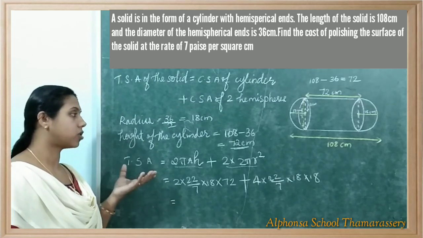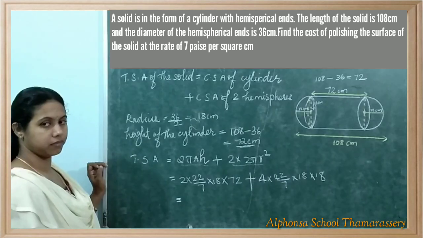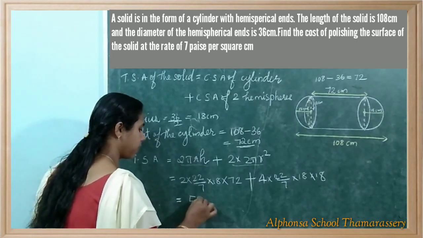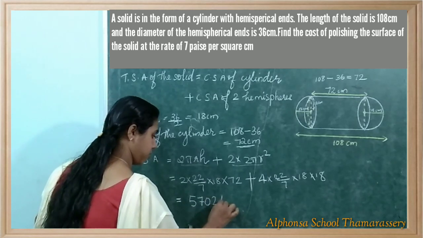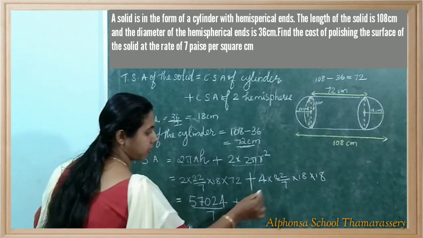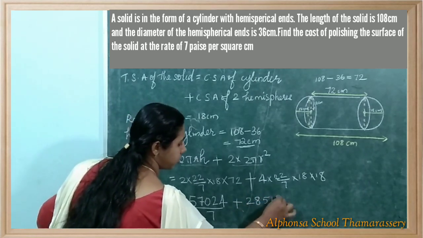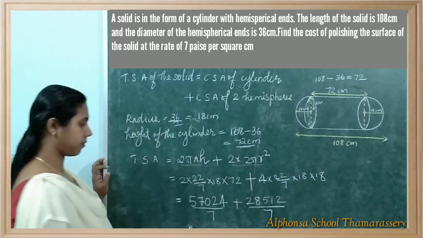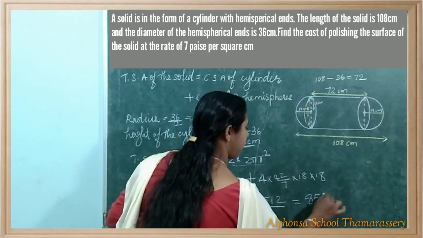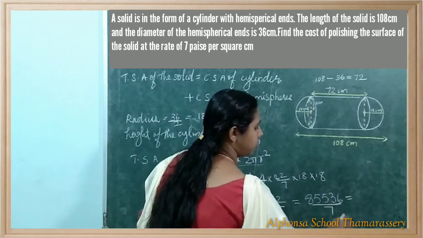You will get the total surface area of the solid, that is equal to 57,024 by 7 plus 28,512 divided by 7, that is equal to 85,536 by 7.